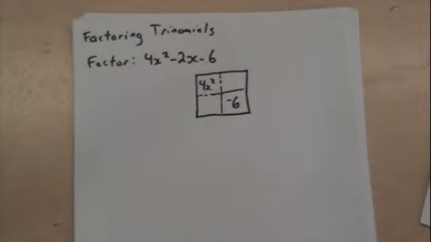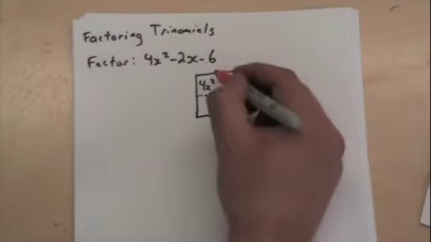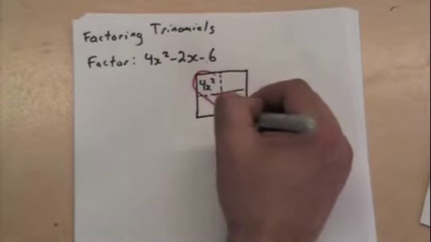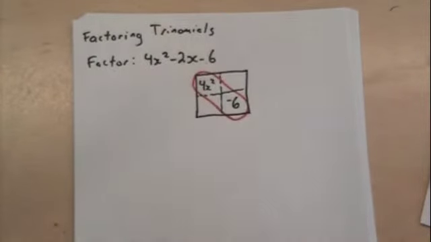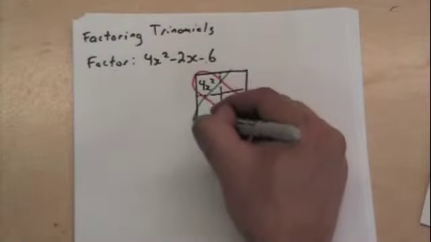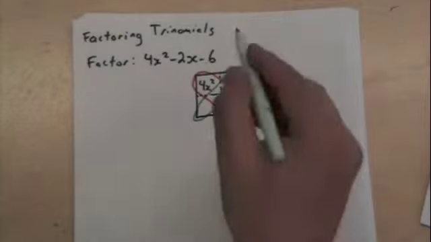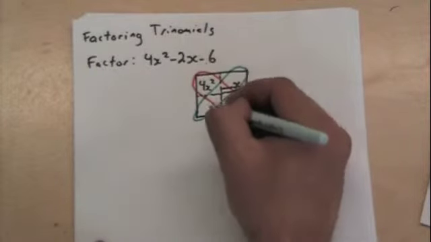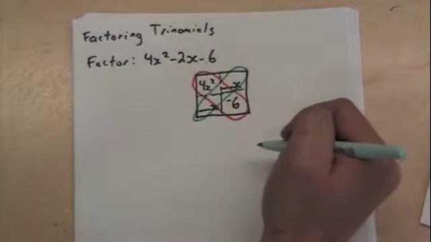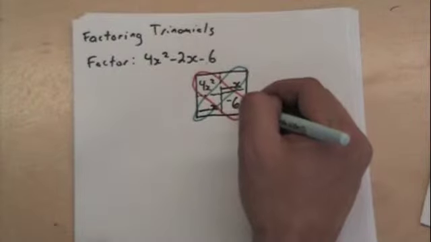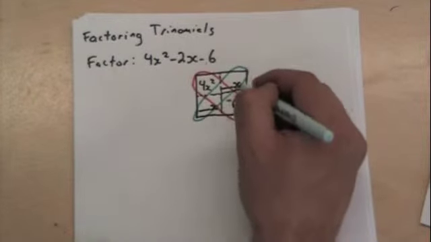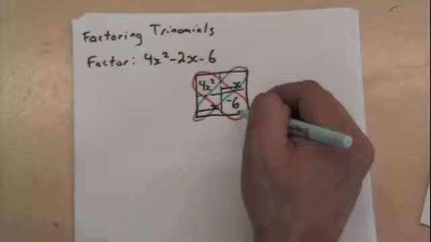What else do we know? We know that the product of those two terms is going to be the same as the product of these two terms. So we're looking for two numbers whose product is negative 24, because x times x is going to get x squared, same thing as we have over here.